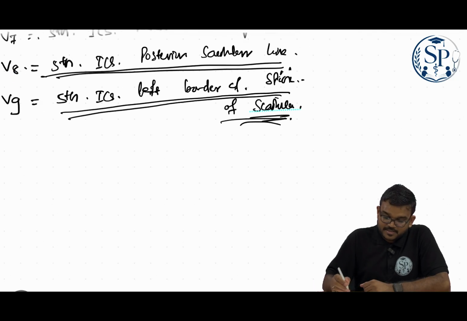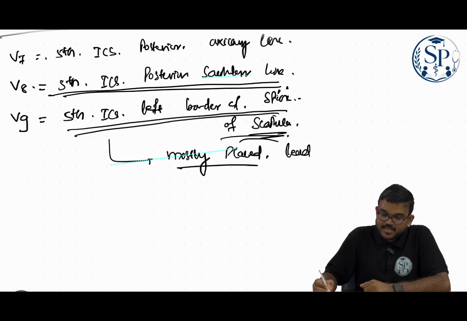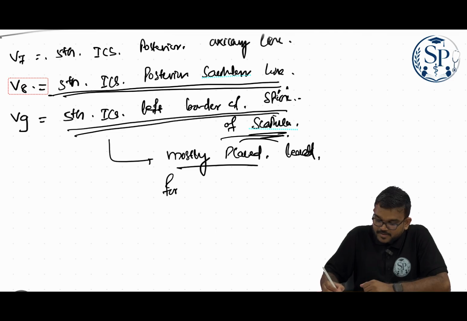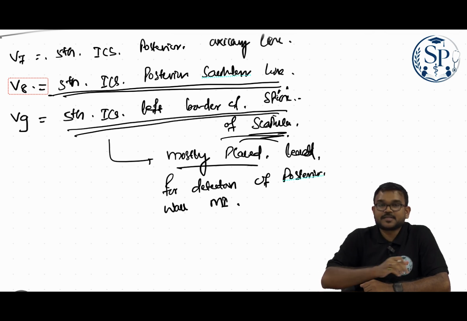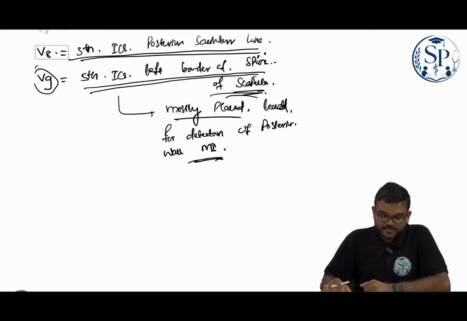Okay. V9 is the most commonly placed lead for detection of posterior wall MI. So while suspecting posterior wall MI, you place lead V9 over the fifth intercostal space, posteriorly.